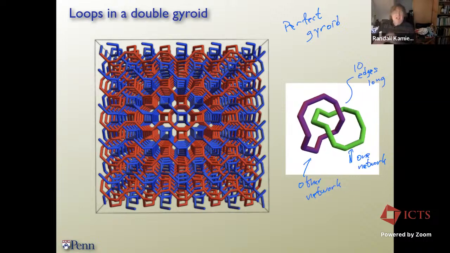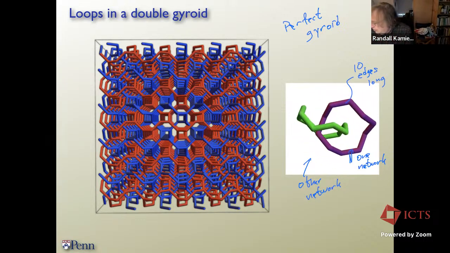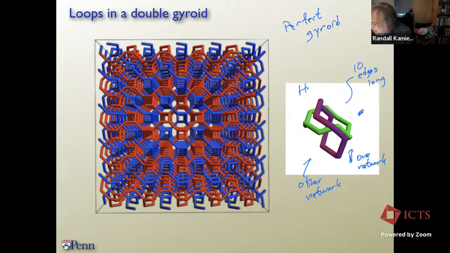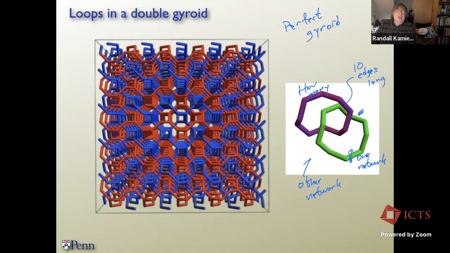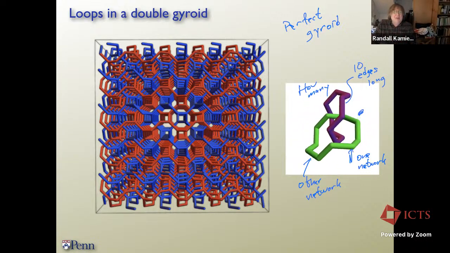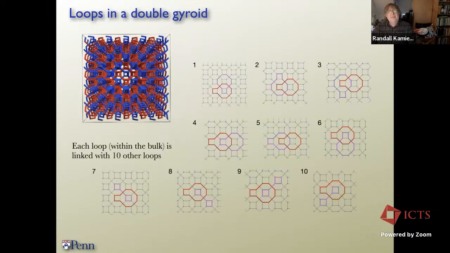So what she studied is the linking number. She studied, if you look at one green loop in one of the networks, you fix this one, how many of the loops from the other network pierce it? What is its linking number, or how many links are there? And she calculated that.